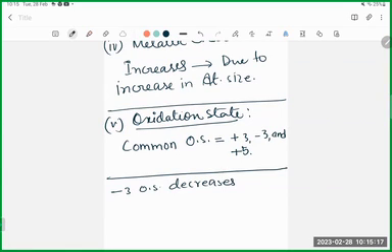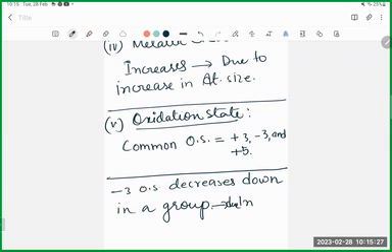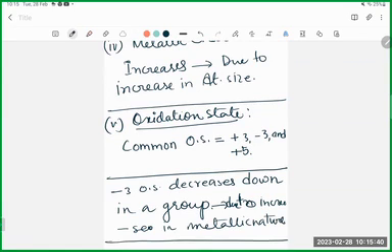So this decreases down in a group. Why? Due to the increase in metallic nature. It is clear, Hridaya?